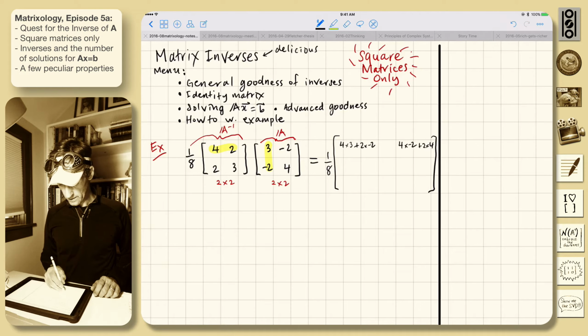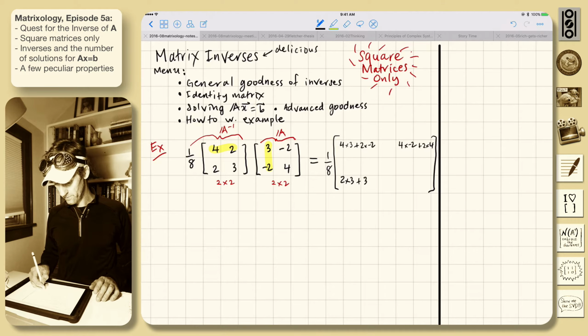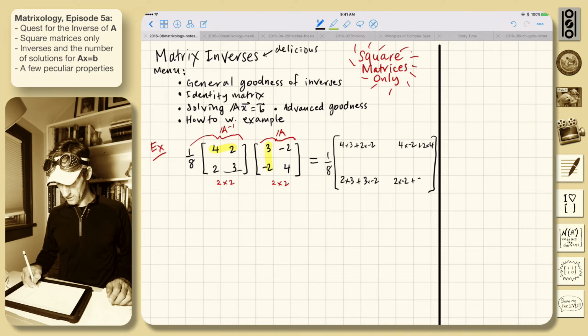And then we have 2 times 3, 3 times minus 2. You might notice something about the way they're balancing. That's a nice thing to see. This is just a 2x2, of course. The last inner product is 2 times minus 2, plus 3 times 4. This is pretty fantastic.